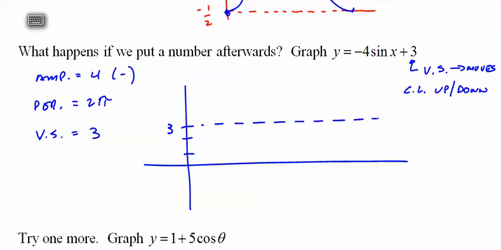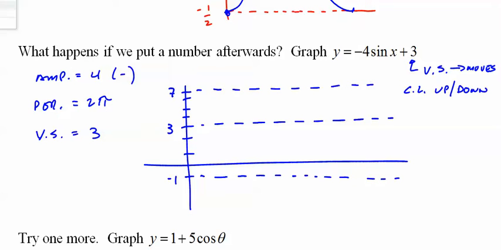Dotted line. 1, 2, 3, 4, 7. 1, 2, 3, 4. Negative 1. Dotted there. Dotted there.